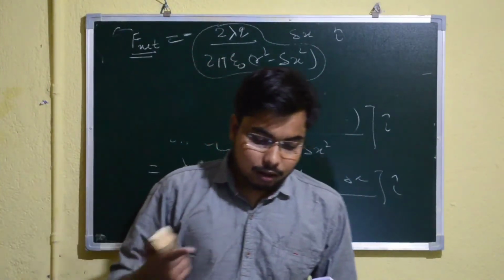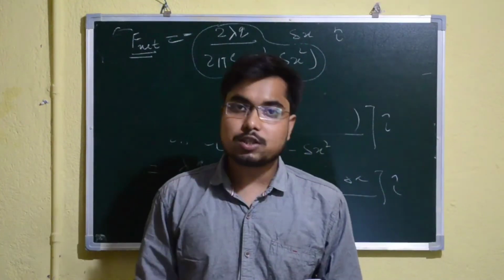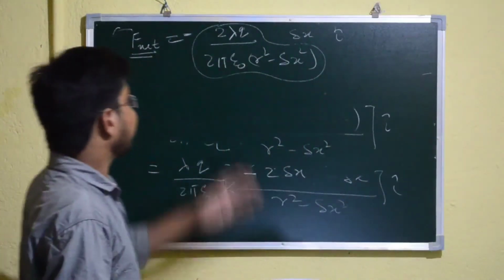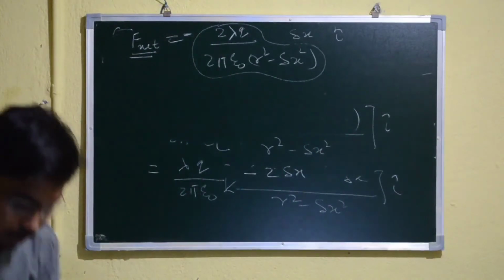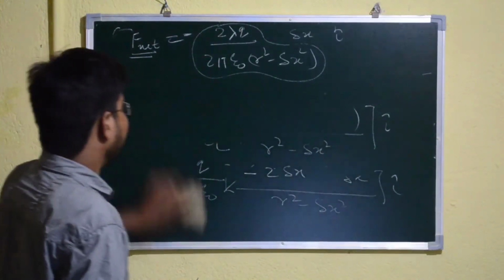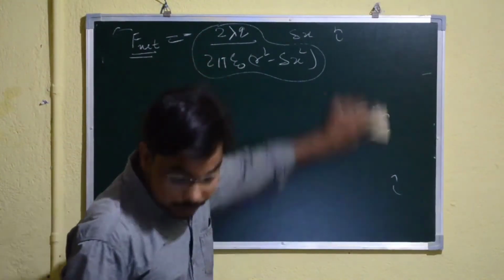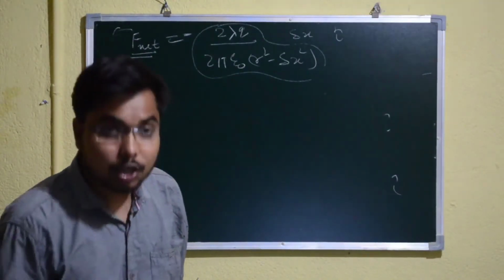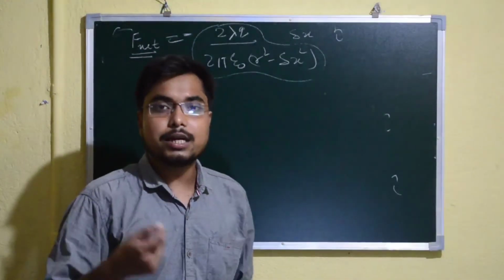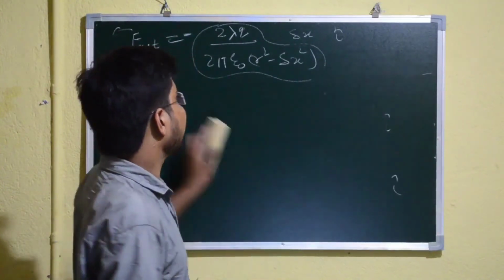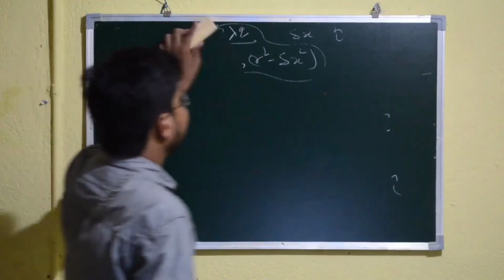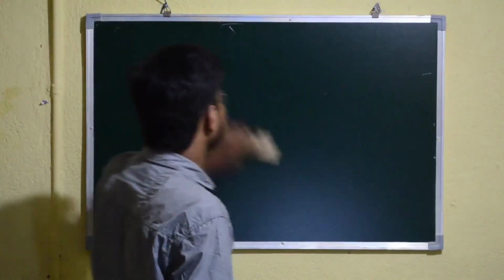Plus q executing SHM is correct according to this equation. Now check for minus q. Option D is minus q executes SHM and plus q continues to move in the direction of displacement. Now check for the second one, that is for the minus q charge.